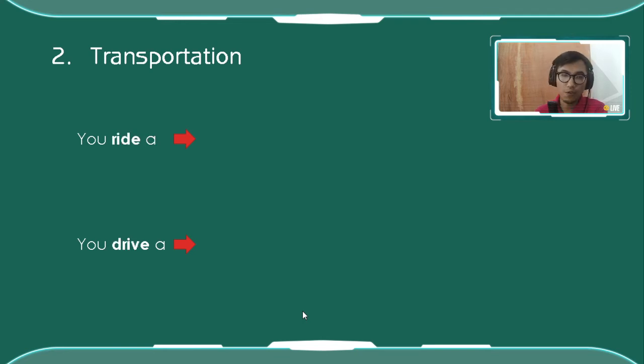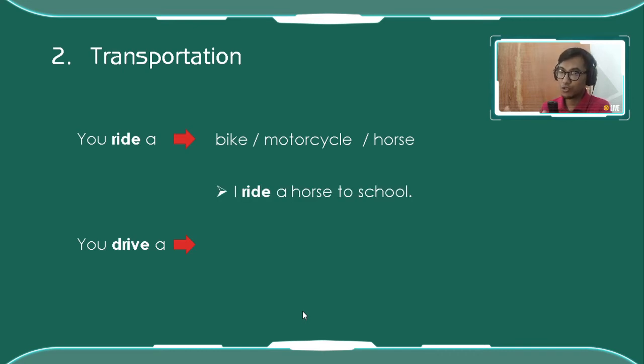Next verbs we have you ride a. You ride a bike, you ride a motorcycle, you ride a horse. We also add "a" to the verb ride. I ride a horse to school. I ride a motorcycle to school. The next is drive a. So drive a car, drive a taxi, drive a bus, drive a truck.